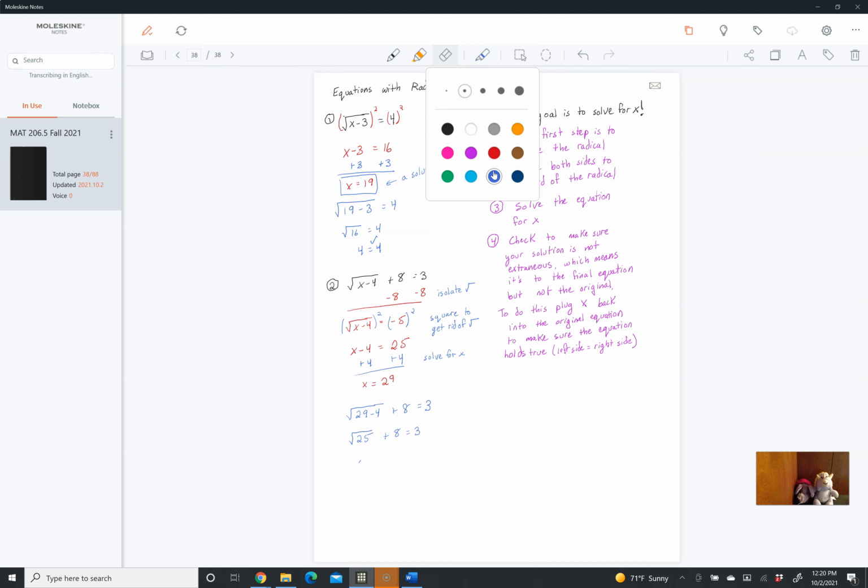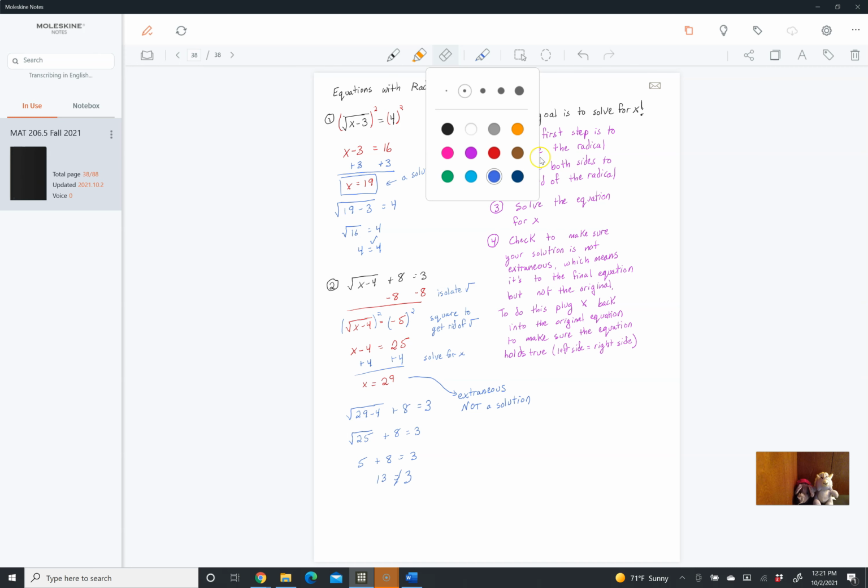Square root of 25 is 5. 5 plus 8 is not equal to 3. This solution is extraneous. It's not a solution.